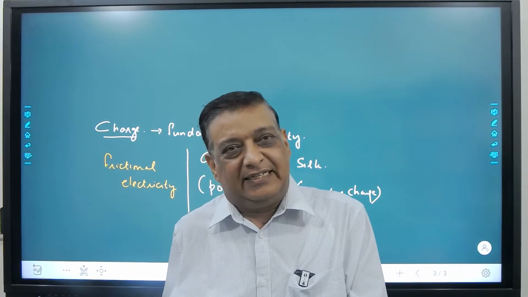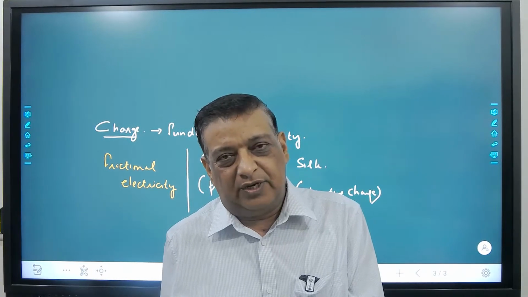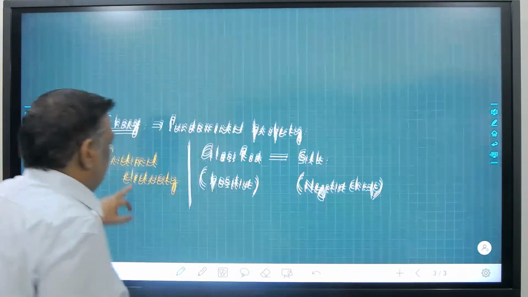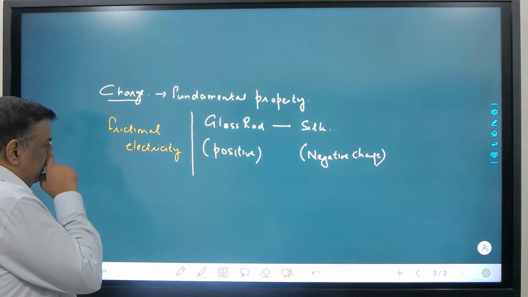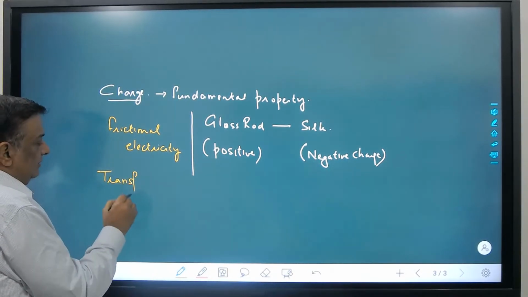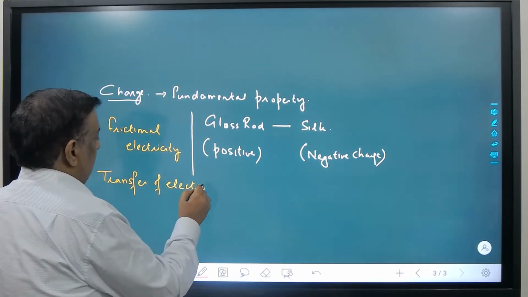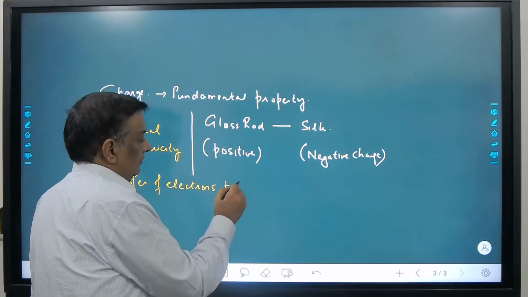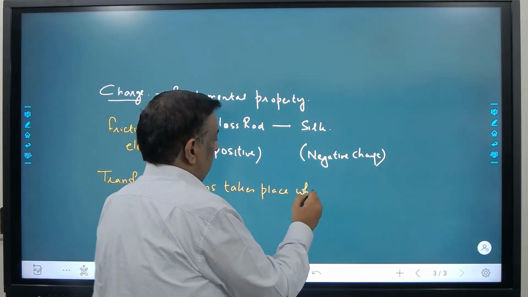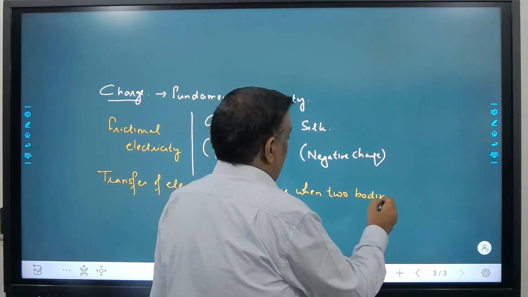The body which gains electrons acquires negative charge, and the body which loses electrons acquires positive charge. So it's a concept of frictional electricity. Transfer of electrons takes place when two bodies are rubbed together.